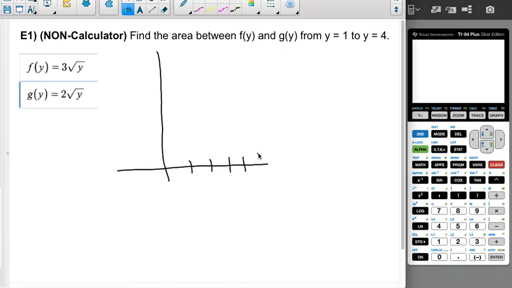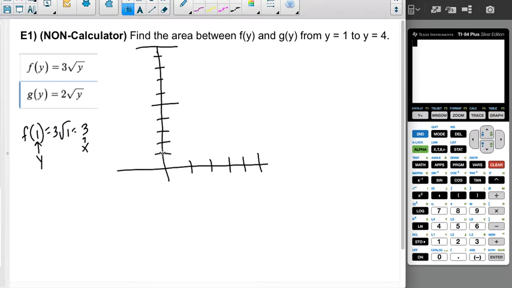remember here, you're plugging in y values, not x values. Let's just look at what happens if we plug in some values. If I plug in f of 1, that means plug in 1 for y. I get a value of 3 root 1, which is 3. I think for most of us this is not super intuitive, so that's why I'm walking through it. What that means is that when I plug in y is 1, I get x is 3.